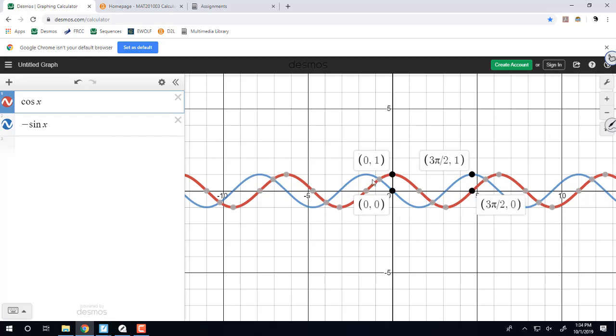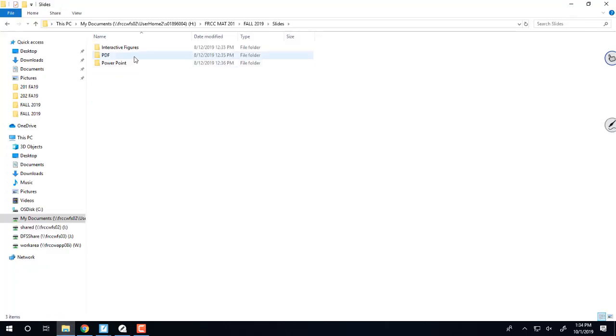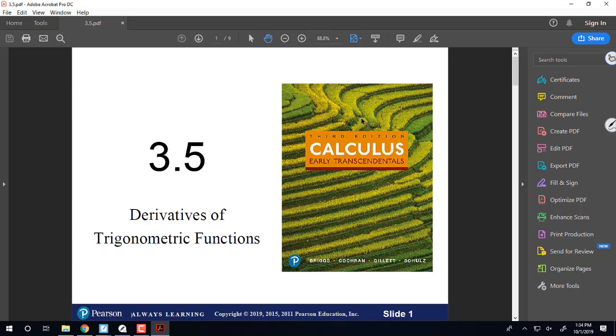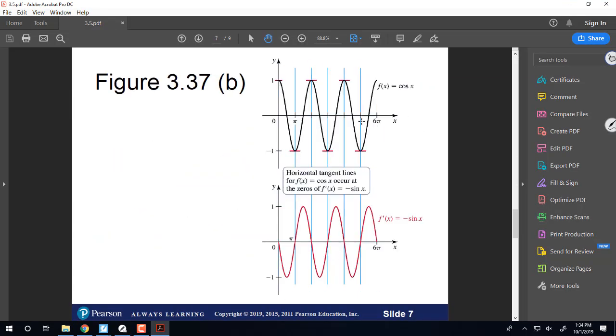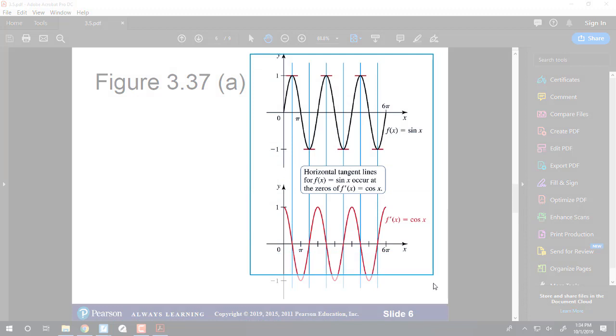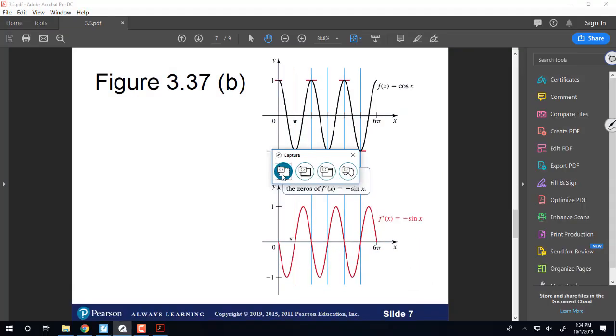Are they the derivatives of each other? So the derivative of negative sine x would be cosine? Not quite. Yeah, they're closely related, but they're opposites. Oh, sorry, that's the wrong one. This is the one we're after.